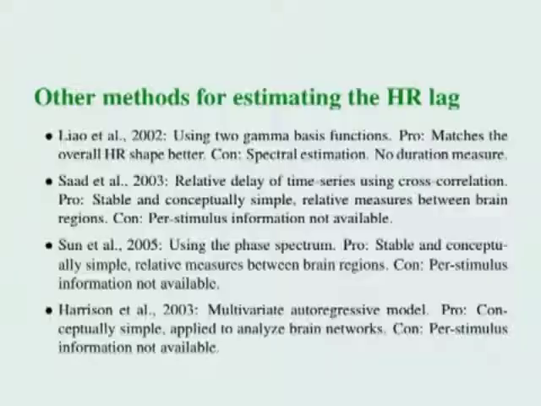You can use the phase spectrum. This is a very stable method and conceptually simple. And again, you get a relative measure between brain regions. Again, you don't get per stimulus information. Or you can use a multivariate autoregressive model, which is also conceptually simple and which you can use to analyze brain networks. And this is what is also contained in SPM, for instance. Again, you don't have per stimulus information available.